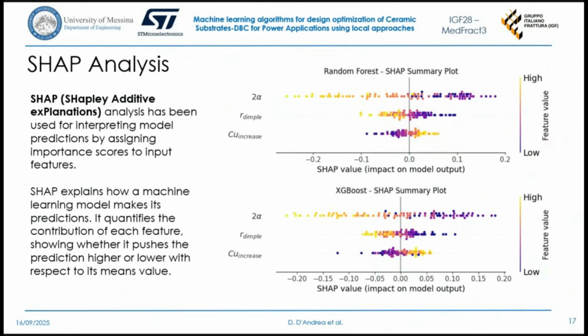The same is for the dimple radius, and as we said before, for the inverse correlation of copper increase to the output, we saw the contrary.